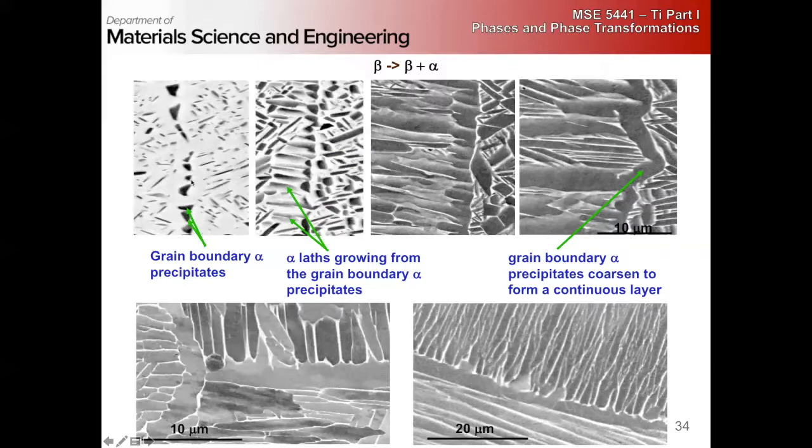Depending on the range, these may coarsen into a full allotriomorphic grain boundary alpha layer, right? Or they'll coarsen to form this continuous grain boundary layer, right? So you see structures that look like this at the grain boundaries.